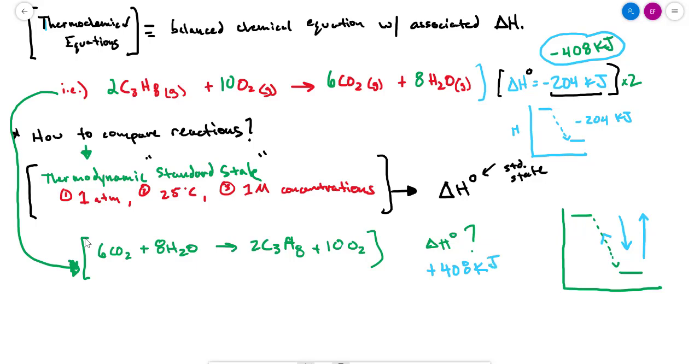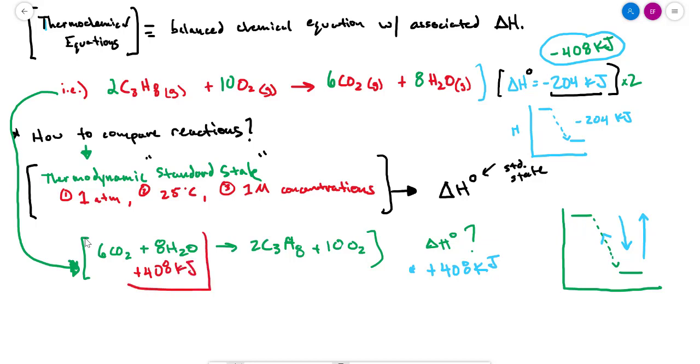If you manipulate a reaction, remember you have to manipulate its delta H. It's really important to think about the sign here as energy in or energy out. So positive sign means energy has to be put into the system. So we could write this like this: 6 CO2 plus 8 H2O plus 408 kilojoules.